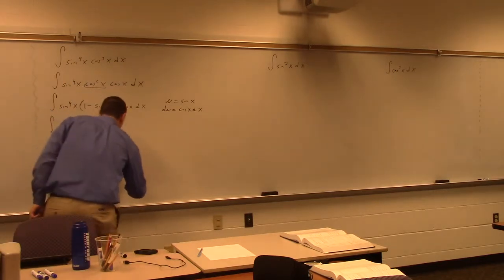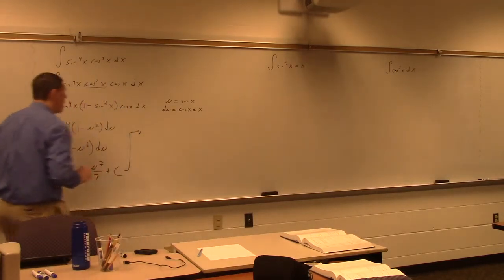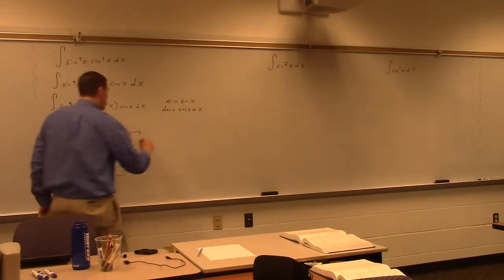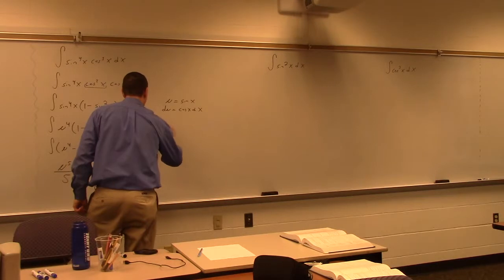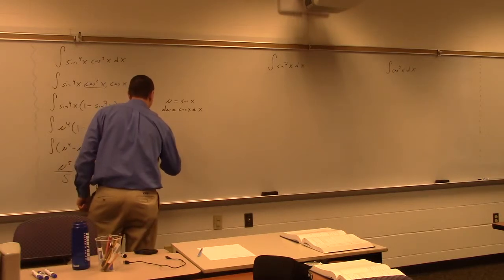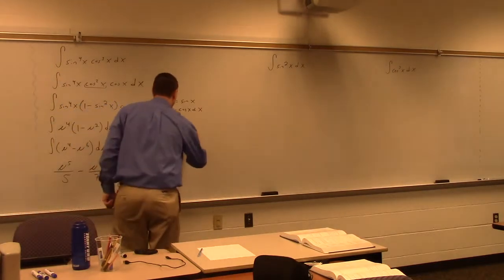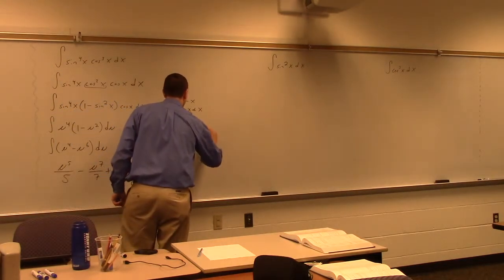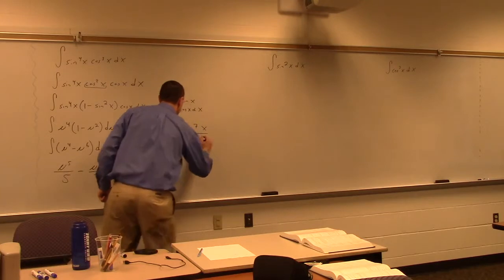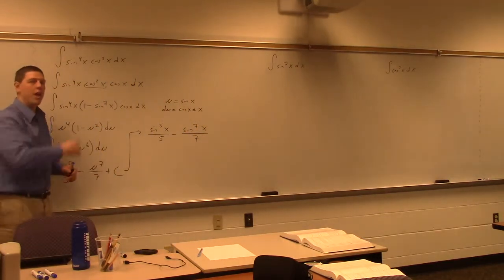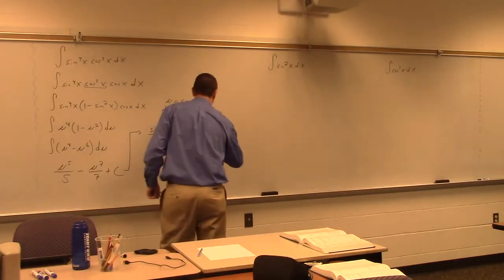So I believe that for an answer, and I'm just writing it up a little bit so we can see, I'm going to say this becomes sine to the fifth of x over 5 minus, instead of u to the seventh, sine to the seventh x over 7. And of course we have our constant of integration c that we're just going to bring over. So we're going to have our plus c.